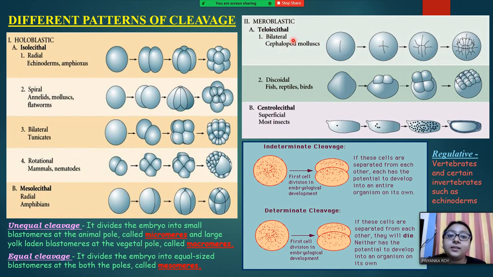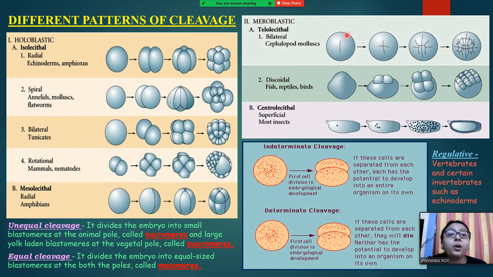Next is the meroblastic cleavage. Like I said, that it is incomplete cleavage. So in all the cases, you can see that the egg is not entirely divided. Here, in case of telolecithal eggs, that is when the yolk content is concentrated at one end of the egg, then bilateral cleavage, if it occurs, will be like this.